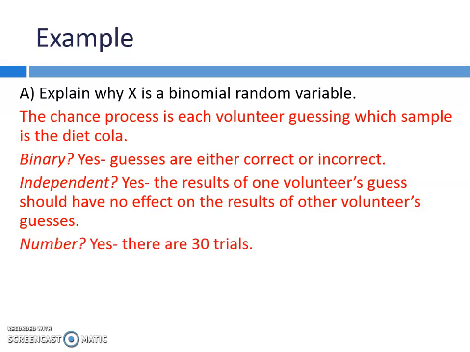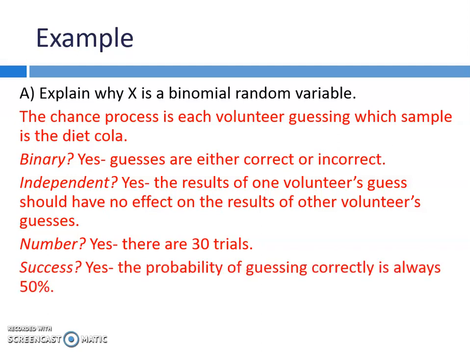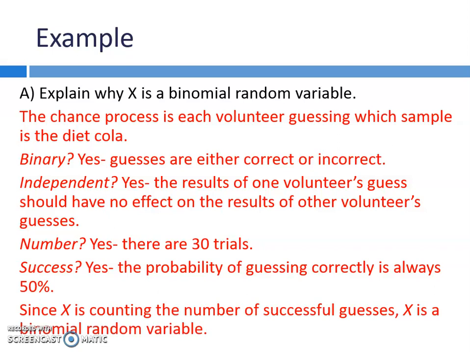Is this being done for a set number of trials? Yes, there were 30 subjects, so 30 trials. And does the probability of success stay the same? Yeah, if they're truly guessing, you have a 50% chance or a 1/2 chance of guessing correctly. Since X is counting the number of successful guesses, X would be considered a binomial random variable.